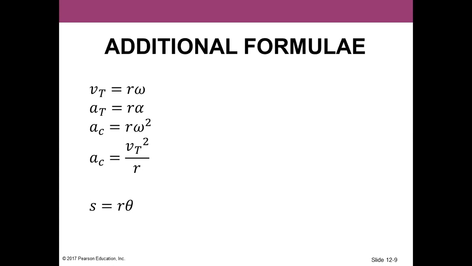Centripetal acceleration is the same as the product of the radius and the square of omega, the angular velocity, which is also the same as the square of the tangential velocity over the radius. So we have s, which is the same as the product of the radius and the angular displacement, which stands for the arc path or arc length.